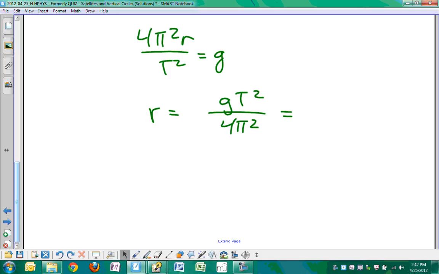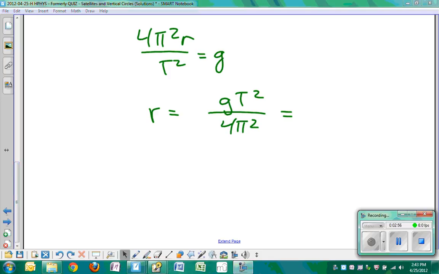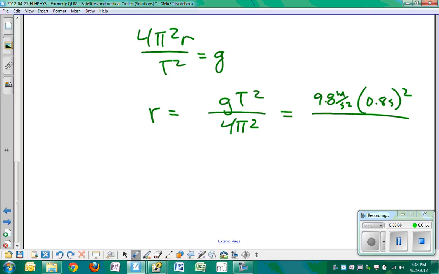So the radius of this circle equals 9.8 meters per second squared times 0.8 seconds squared, divided by 4 pi squared. Dimensionally, seconds squared cancel out and we just get meters, which is what we would expect for a radius.